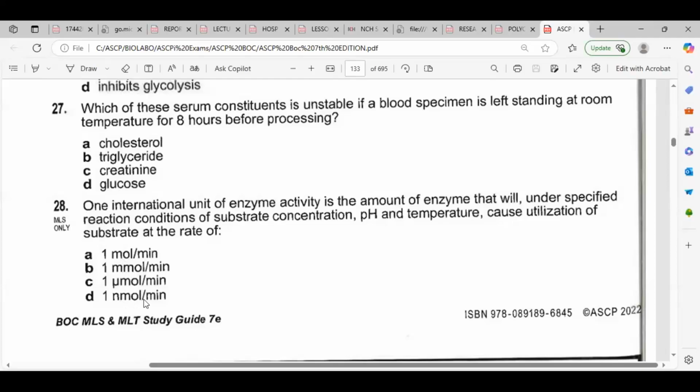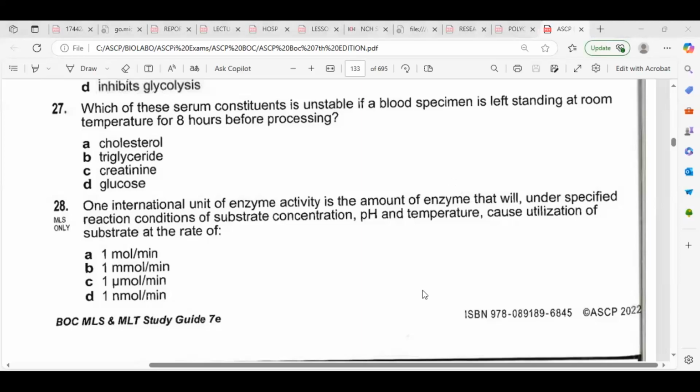What is the rate of substrate conversion by enzyme per 1 minute? What do you think?